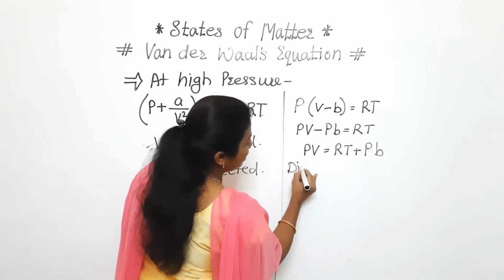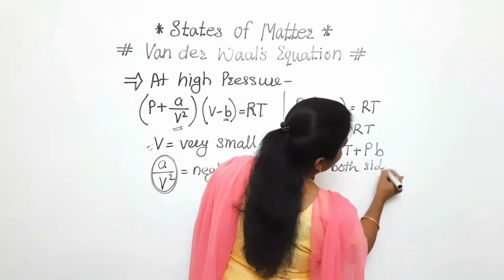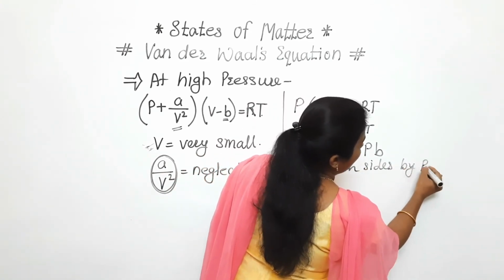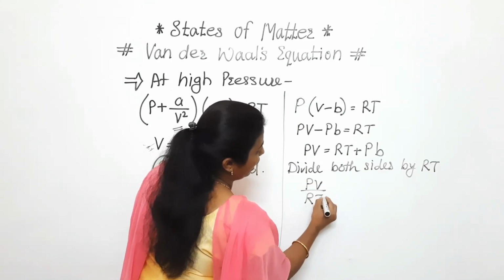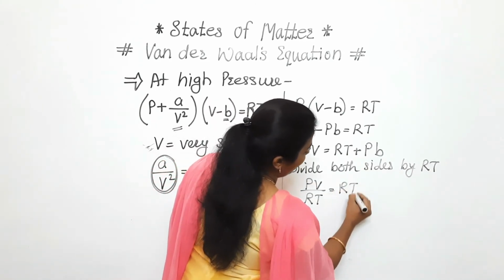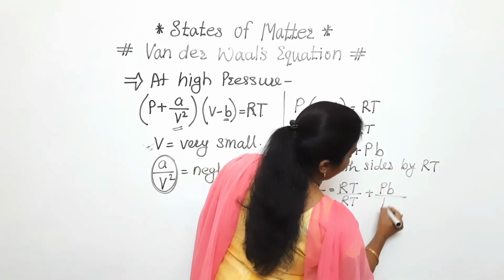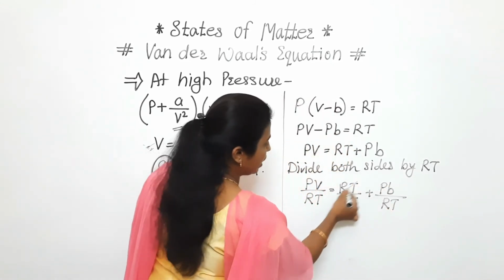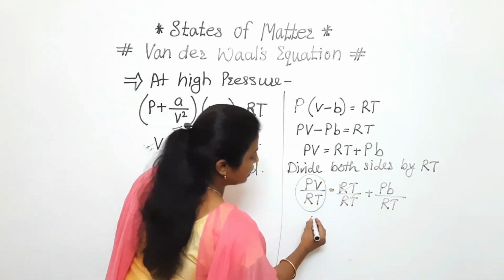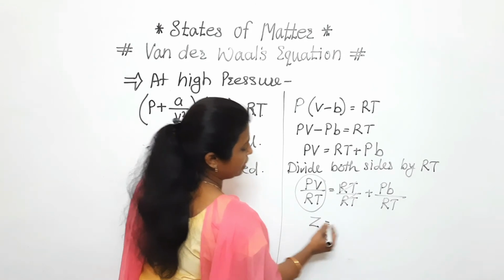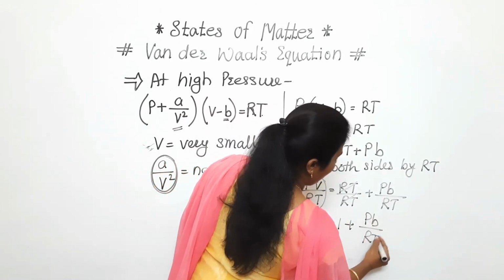So divide both sides by RT. That equation will be PV divided by RT is equal to RT divided by RT plus PB divided by RT. Here RT divided by RT will be 1, and PV by RT is nothing but Z. 1 plus PB divided by RT.